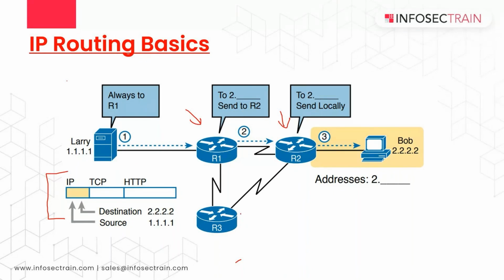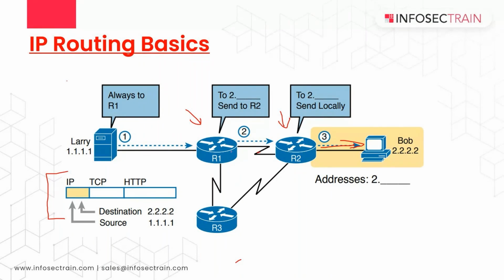Now router 2 repeats the same kind of logic used by router 1. Router 2's IP process compares the packet's destination IP address to router 2's known IP routes and makes a choice to forward the packet directly to Bob. So that is how the routing works.